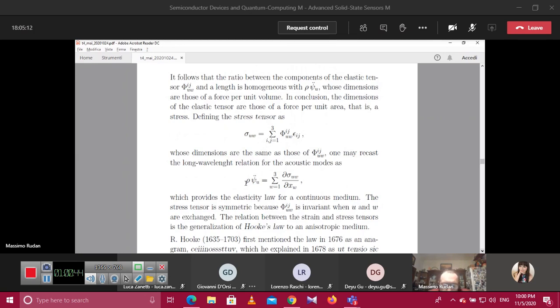If you remember, the Hooke law was the first law that was stated about elasticity, and simply states that if you pull a piece of material, you obtain an elongation that is proportional to the applied force.